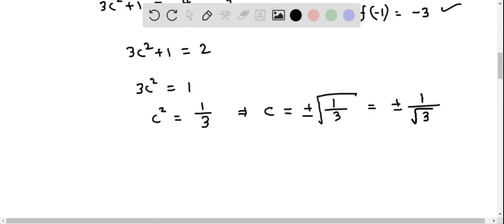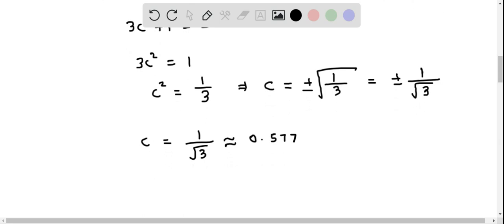So we get two values of c, that is c equals 1 over root 3. I'm going to put this in decimal form. This is approximately equal to 0.577 when rounded to three decimal places, and we get one more value of c, that is c equals negative 1 over root 3, and converted to decimals this is approximately negative 0.577.